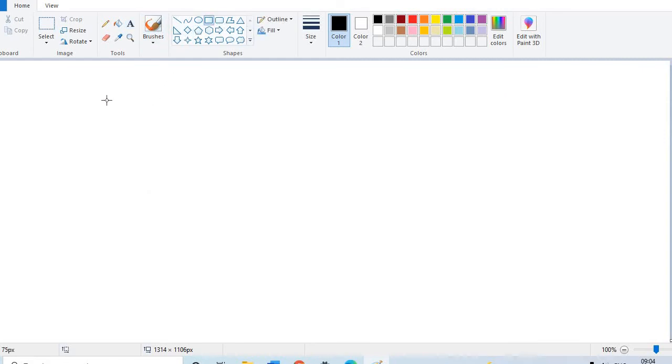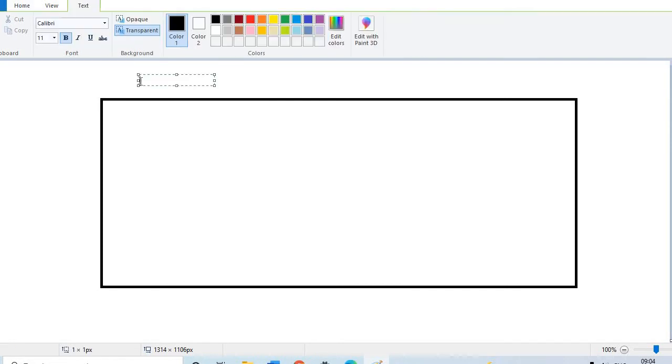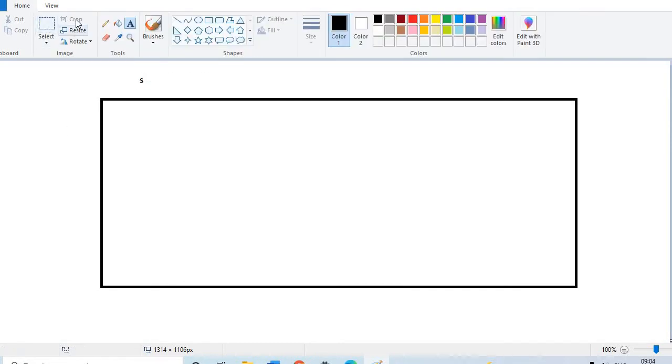Suppose we consider this is a sample space. Okay, so you can consider some subsets like this.